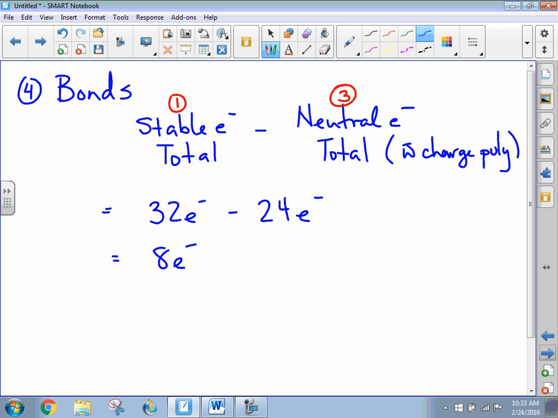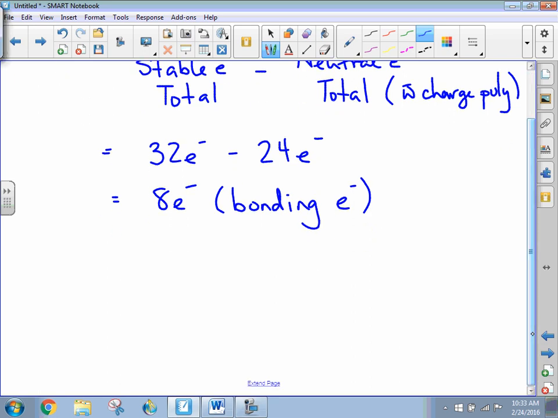These are going to be 8 bonding electrons. That means there are going to be 8 electrons that create bonds between atoms. That's not all the electrons in the octet, but these are the ones that will be bonding.